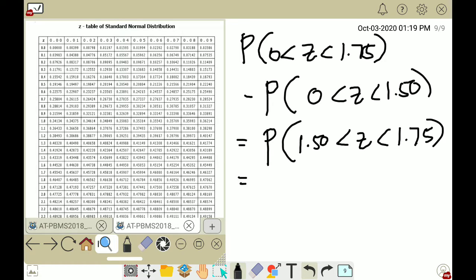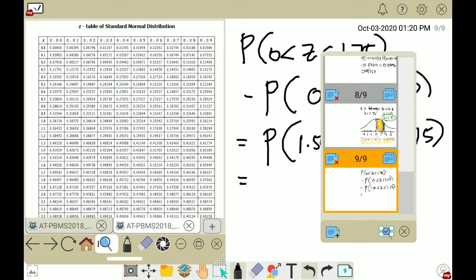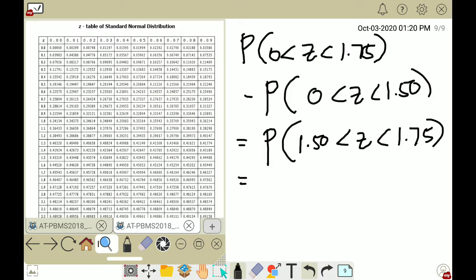So we are going to substitute: 1.75 is 0.45994 minus 0.43319.